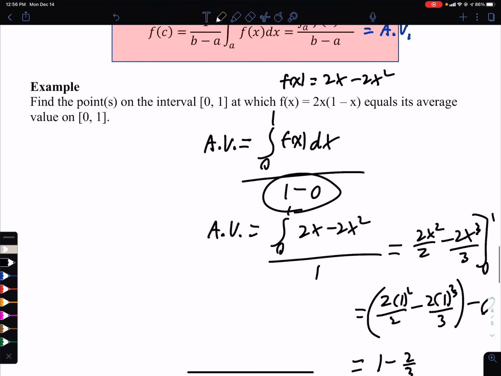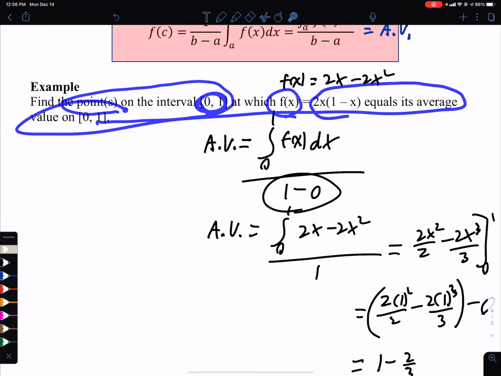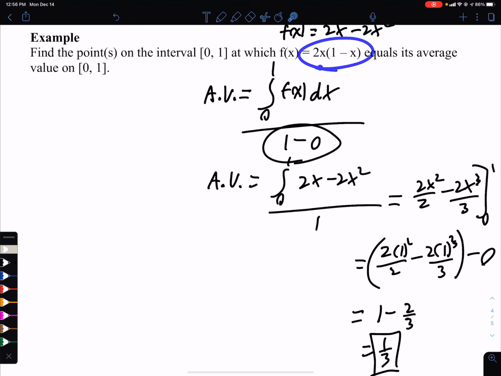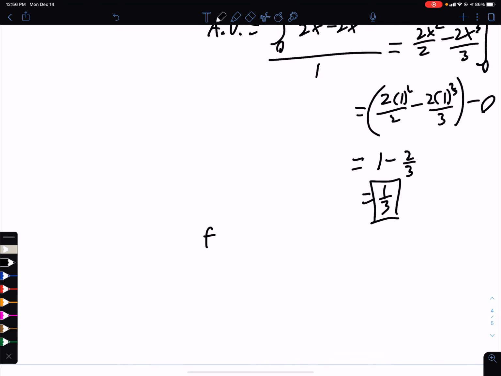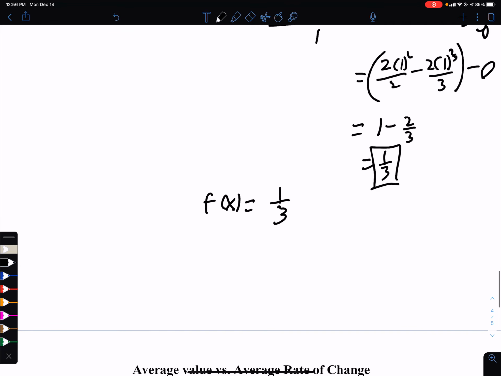But find the points on the interval, actually it should be in this interval, where the function equals the average value. So we want to know when this equals 1/3. So let's do that. They want to know when your function equals 1/3. My function is 2x minus 2x squared.